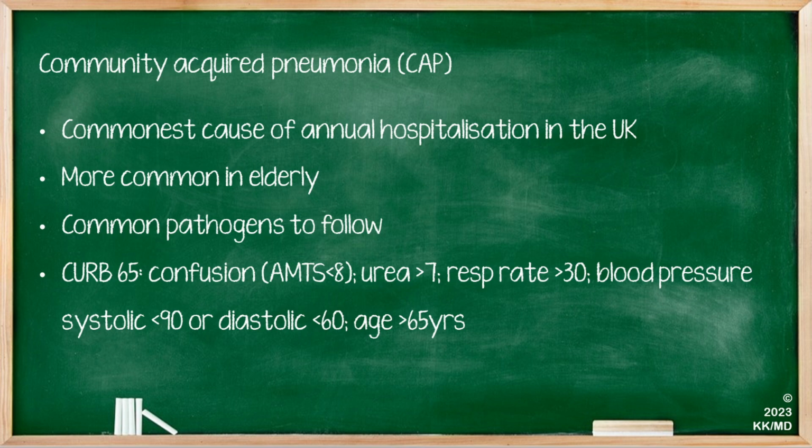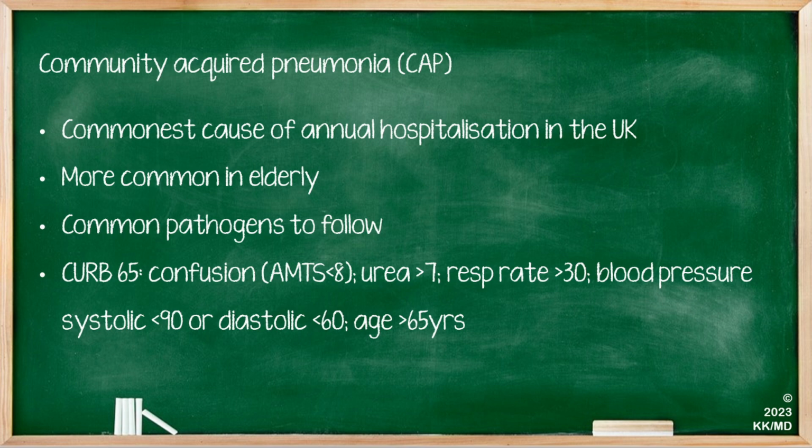However, the commonest way that clinicians in the UK try to risk stratify this condition based on the British Thoracic Society is with the CURB-65 score, which is C for confusion, and that's an AMTS or abbreviated mental test score of less than 8.